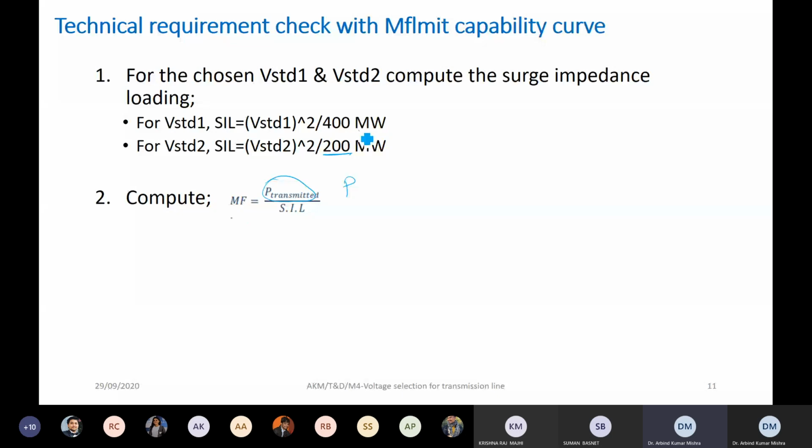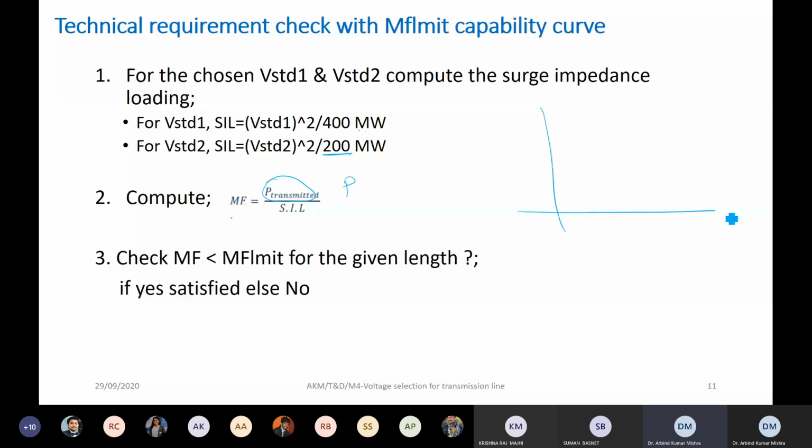Now, here I draw again. You have the MF limit, one curve is here, and now you have your multiplying factor for your given power to be transmitted. This is your given power. Now just check, for a given distance over which your power P has to be transmitted, whether the MF calculated in step 2 is below this MF limit curve or not.